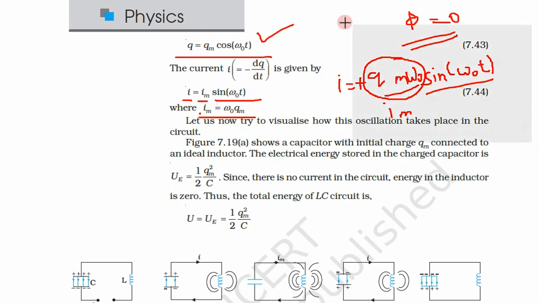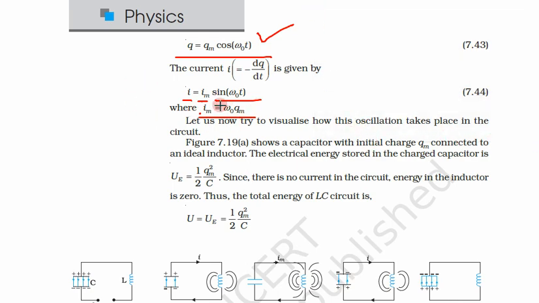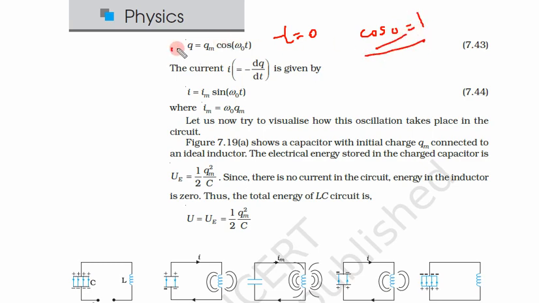So this is our value of Im, and this is our equation for I. Why have we taken this cos term? Because initially at t is equal to 0, the charge was maximum. Only the cos function is such that when we put cos 0, it gets maximum. That's why we have taken the cos function, not the sine function.